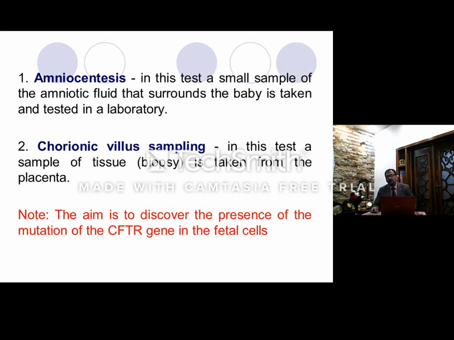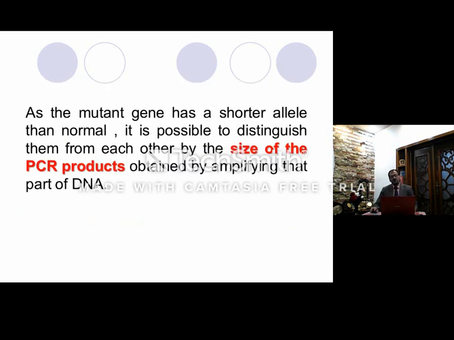Okay, so we are aiming actually to discover the presence of the mutation of the CFTR gene in the fetal cells in this case. Now, as I said, the defect here in the delta F508 mutation of the CFTR gene is that there is a loss of 3 nucleotides, loss of 1 codon that codes for phenylalanine at position 508 of the whole amino acid sequence of the CFTR protein.